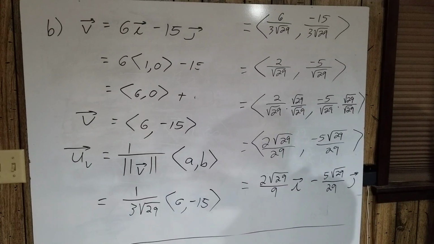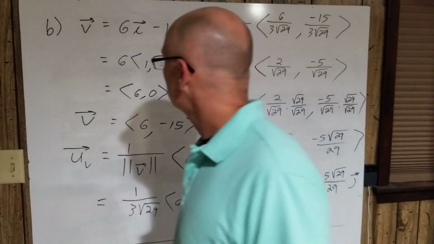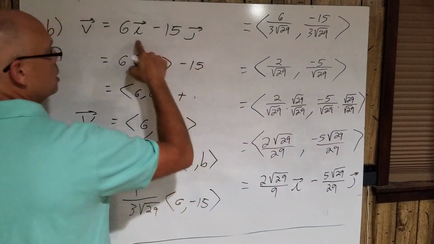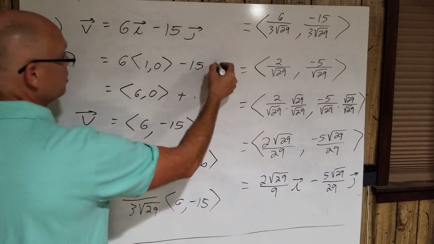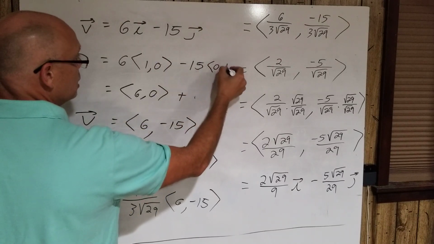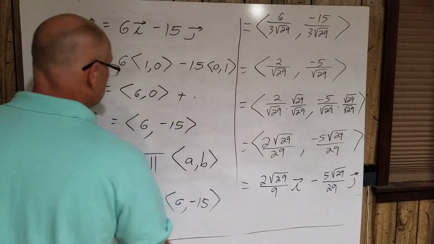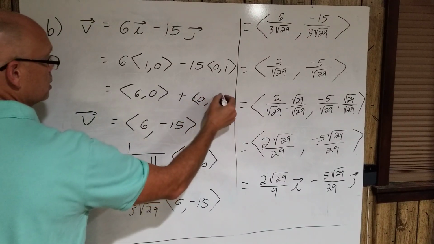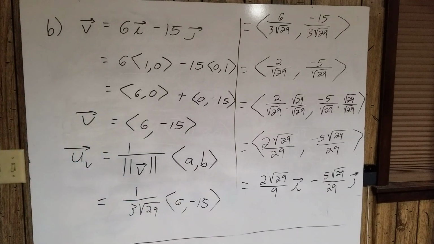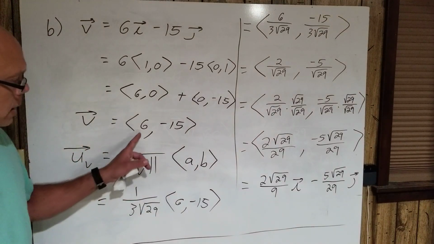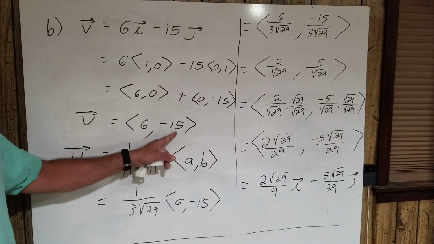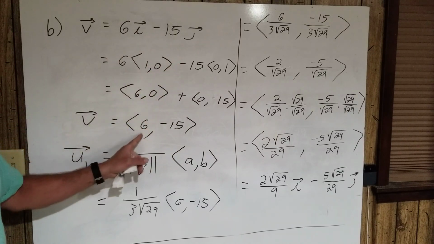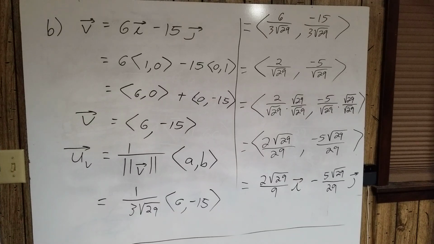Now why could I just add i and j on them like that? Let's go back to this first part, what we had. We had i and j here, right? And we said that that gave me 0, negative 15. So what did I end up with? 6 and negative 15, which are the same numbers I have multiplied by i and j respectively, right?